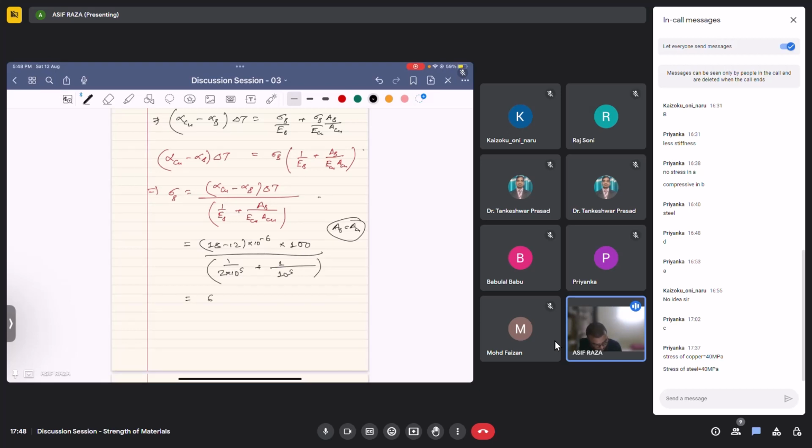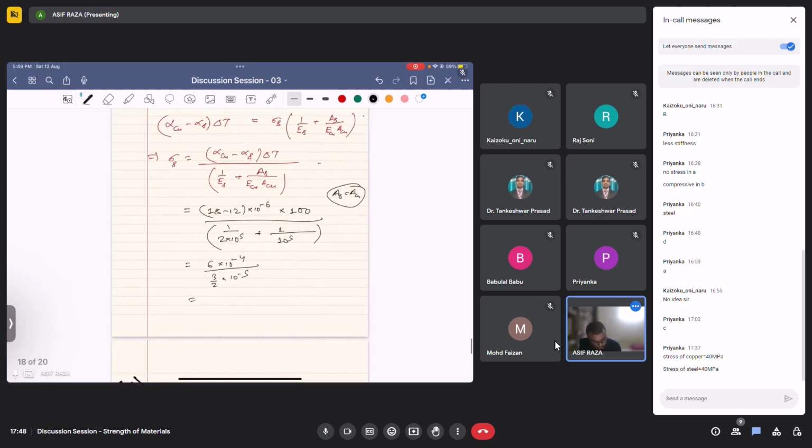This will give me 3 by 2 into 10 to the power minus 5, and that would be equal to 120 upon 3, that is 40 MPa.